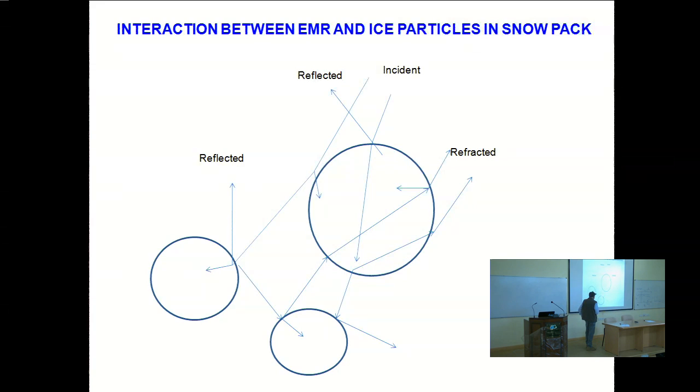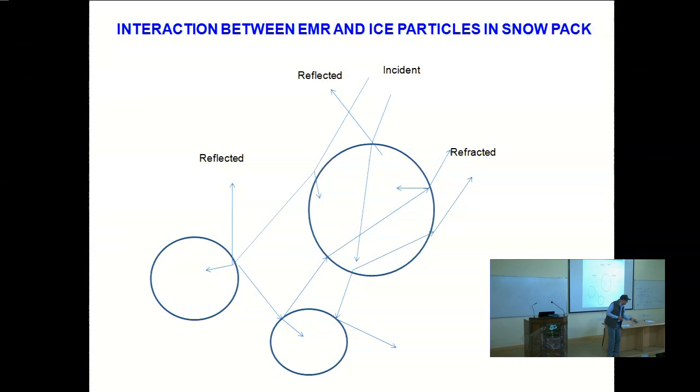The moment it comes out from ice into air, it changes direction again, and as it strikes another ice crystal, it again changes its direction. So as it keeps changing direction, it undergoes multiple scattering, which eventually leads to forward scattering, and you have very high albedo. So the key to this problem is the trapped air, and that is why, as we remove it, what will happen? If we remove 10% of the trapped air, what is going to happen?